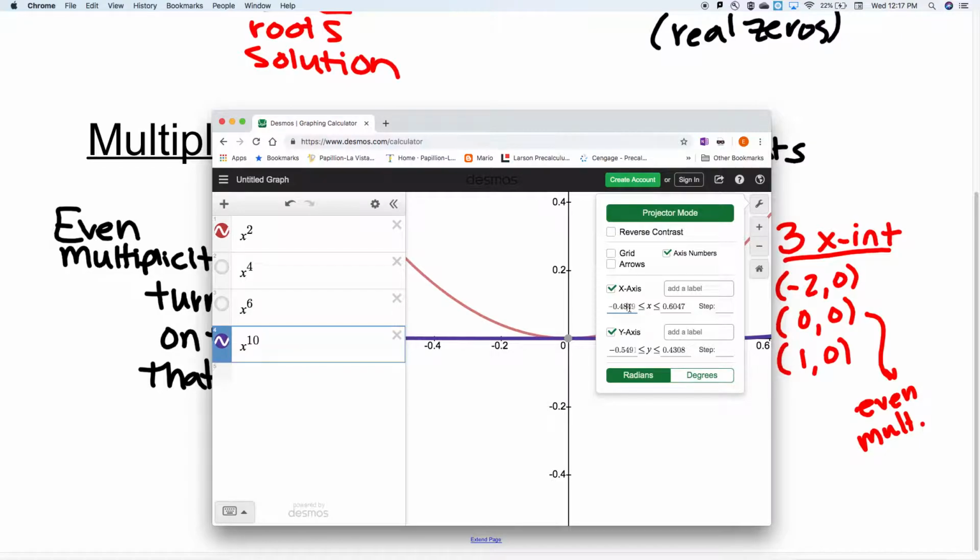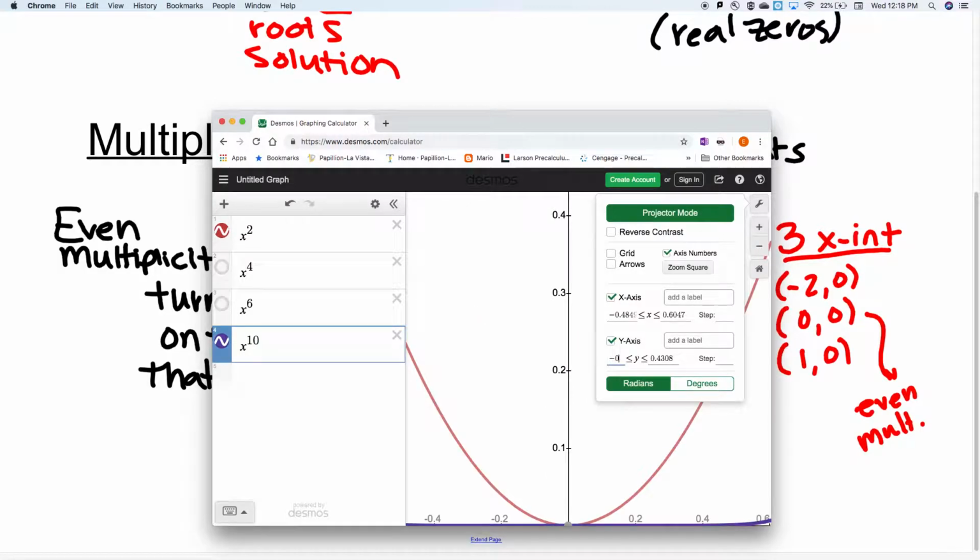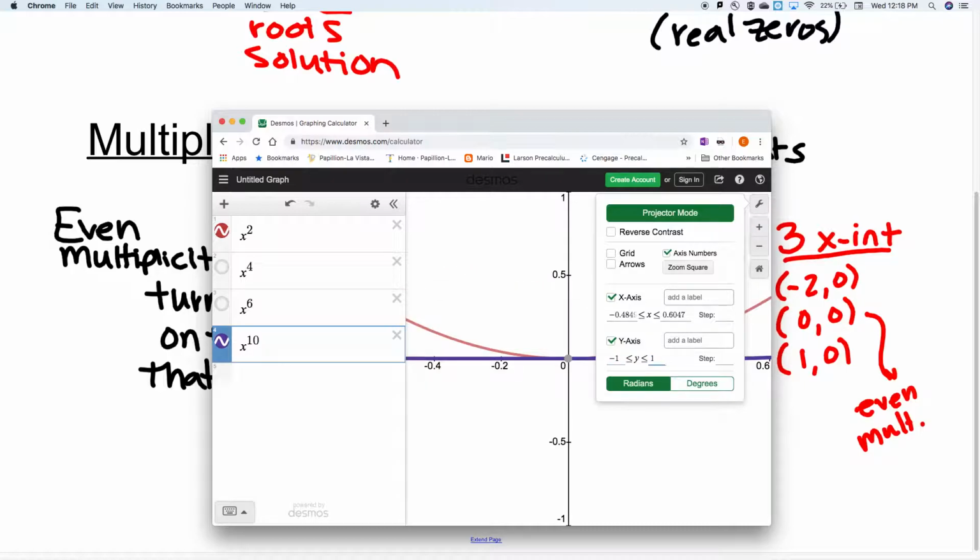Let me see what happens if I change this. No, that makes it worse. So let's do 0.001. Oh, that's the y. That's not what I meant to do. I came unprepared for this. Let's try this. -1 and 1.